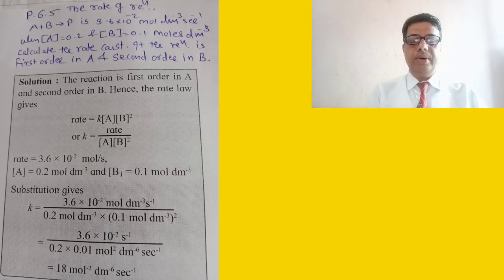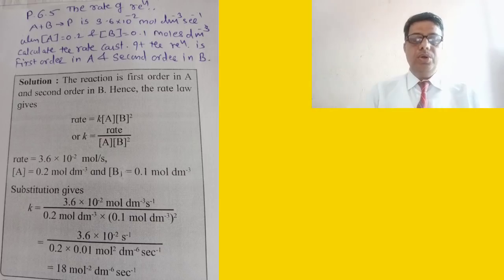Here we put the values of rate and also concentration of A and B. We solve this, then we obtain the value of K is equal to 18 mole raised to minus 2 decimeter raised to minus 6 into second raised to minus 1. So simple problem.